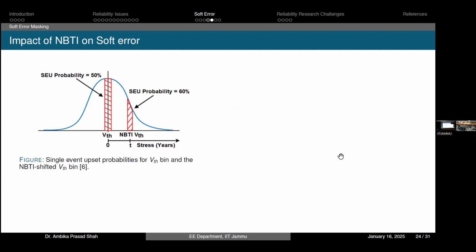If the soft error upset probability is 50%, then if there is an impact of NBTI in the circuit, the threshold voltage is going to increase. In this case, the soft error upset probability will increase, because it is going to change the critical charge.